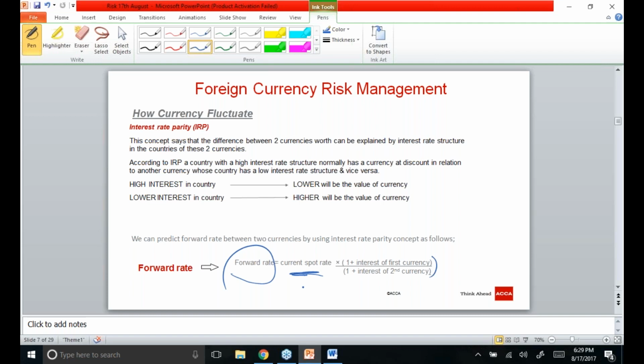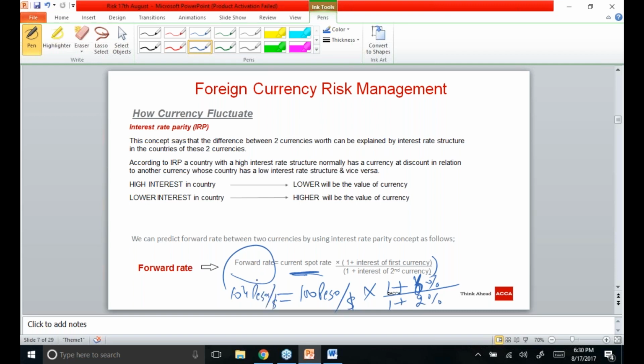Let's suppose the exchange rate is 100 pesos over dollar, the dollar interest rate is 2%, and the pesos interest rate is 4%. You can predict the forward rate, and let's suppose it is 104.